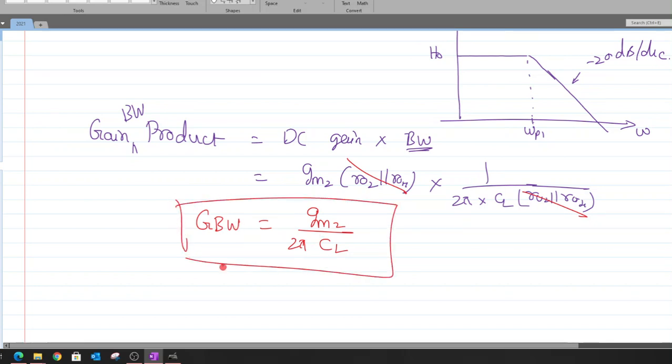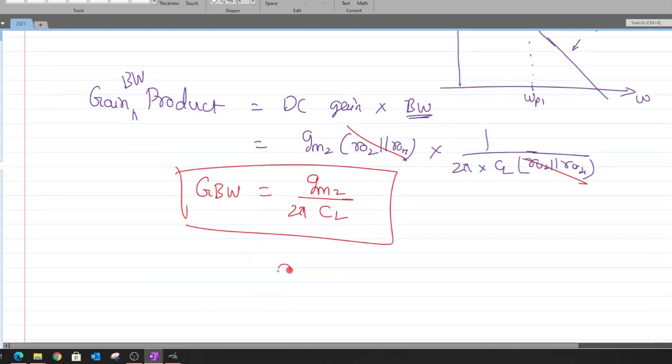Having got this definition and having got the value of the gain bandwidth product as 5 megahertz, now we know the value of CL, from which we can calculate the value of GM2. So I could derive the value of GM2 as GBW times 2 pi times CL.